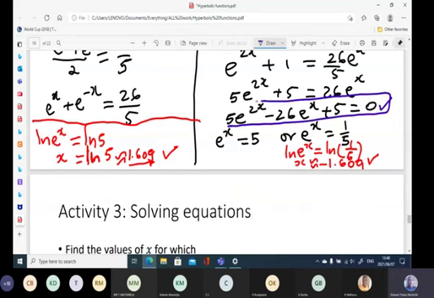I want you to let e to the power x to be equals to k. Could you please do that for me? So this equation will change to 5. Remember, another thing, maybe that is before this, let me explain something.